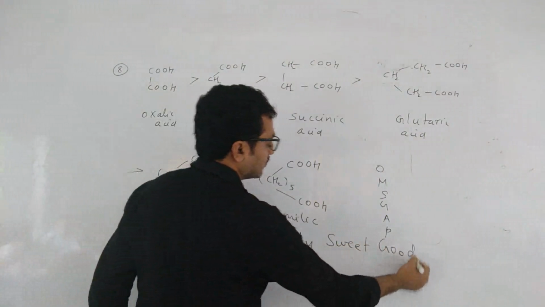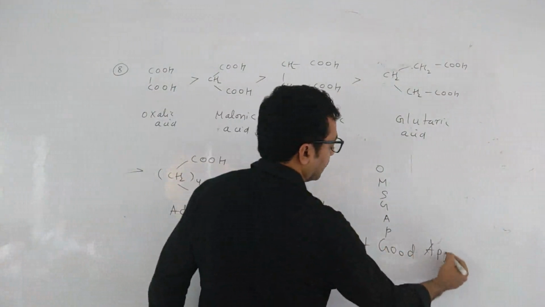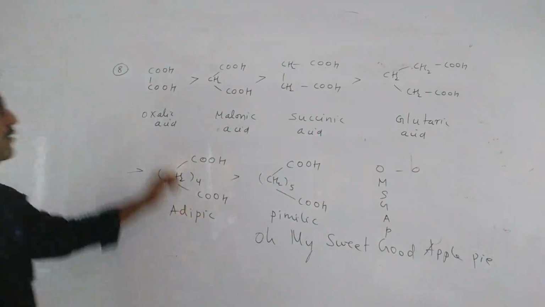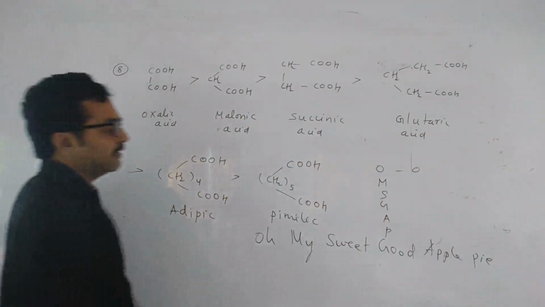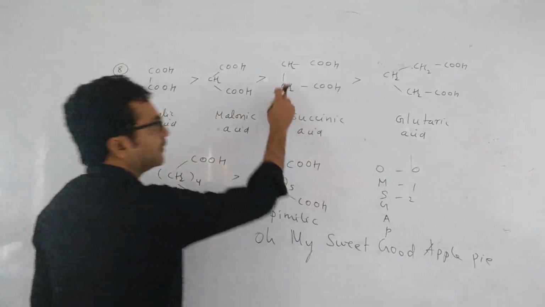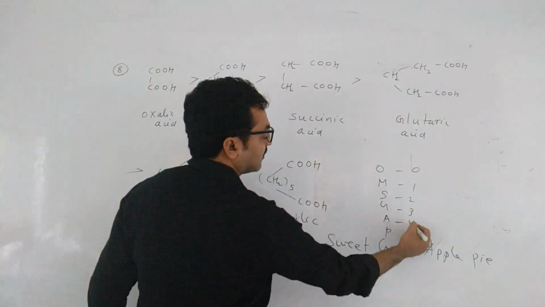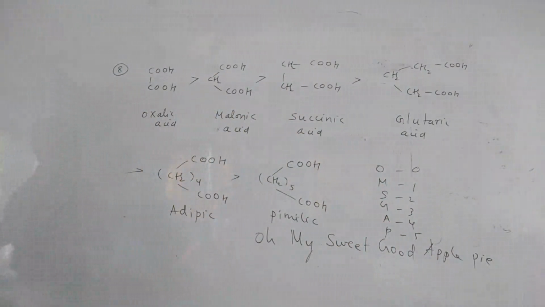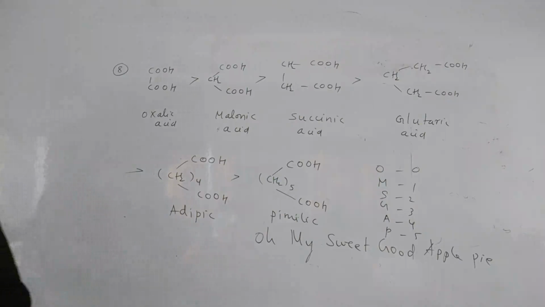Oxalic acid has 0 CH2 in the middle. Malonic acid has 1 CH2, succinic acid 2, glutaric acid 3, adipic acid 4, and the next acid 5. Okay? OMSGAP or oh my sweet good apple pie.